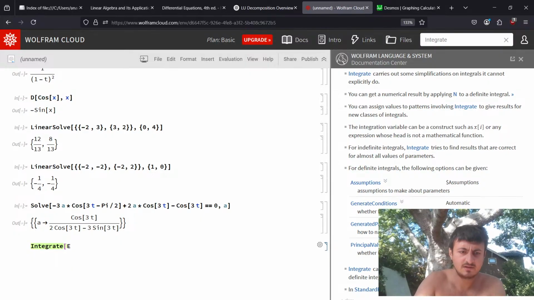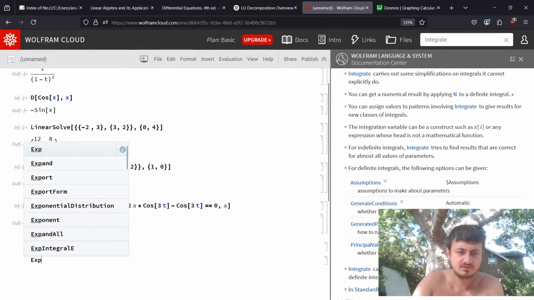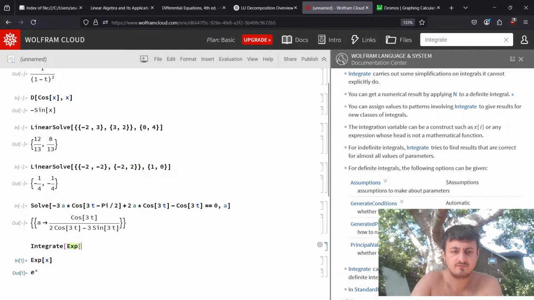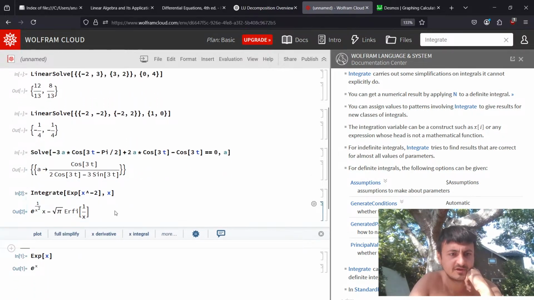Or e, can I do this? If I do e to the x, this should be fine, right? Yeah, so we can do e to the, what is it, x to the minus 2. Okay, yeah, see, this gives you this weird erf function.